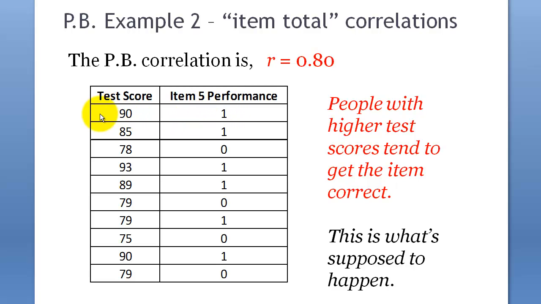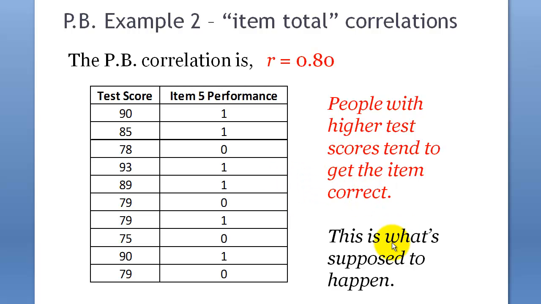This total test score is the total grade for the exam. So this person got 90 points for the exam, and when you just look at question 5, he got it right. And this one got 78 in total, and on question 5, he didn't get it right.